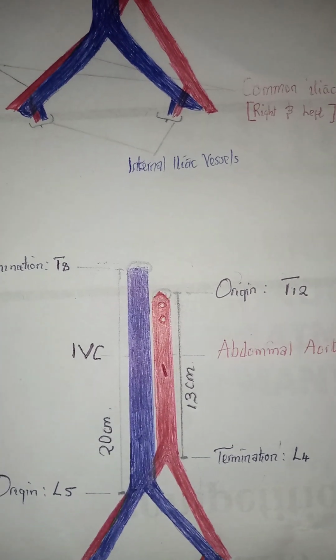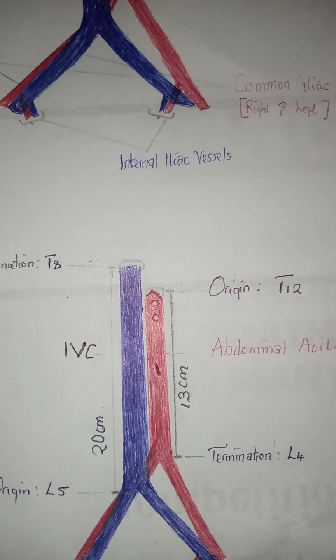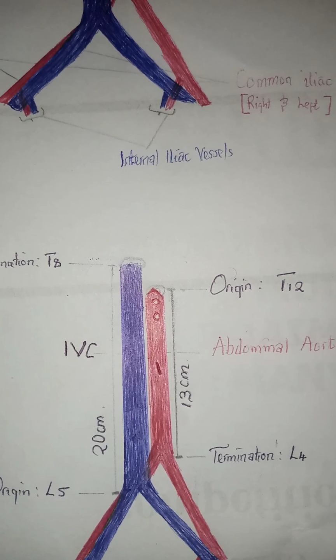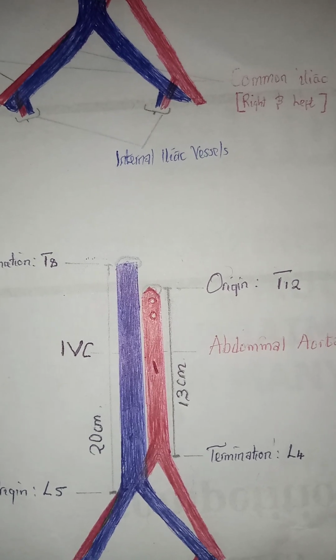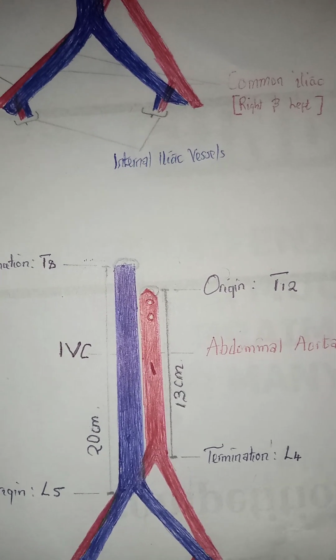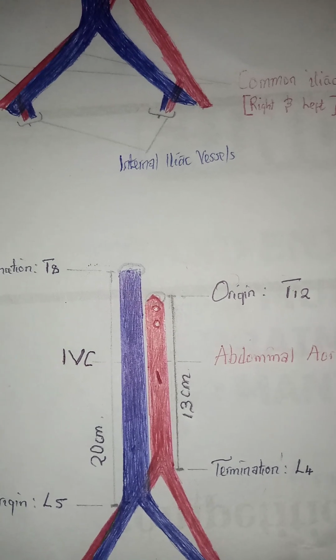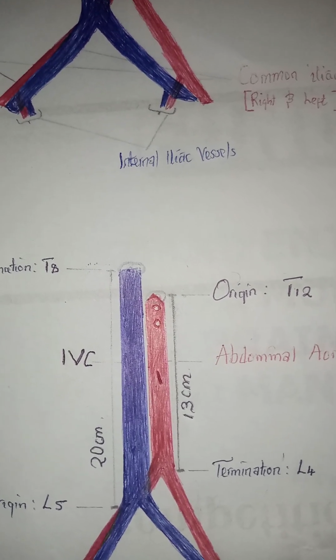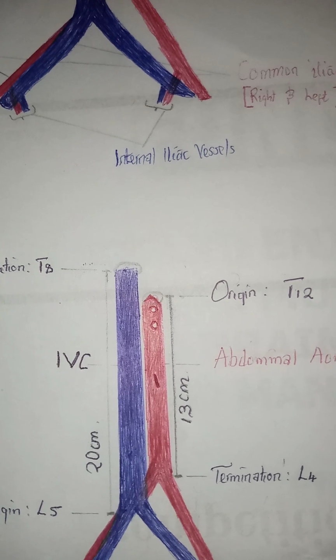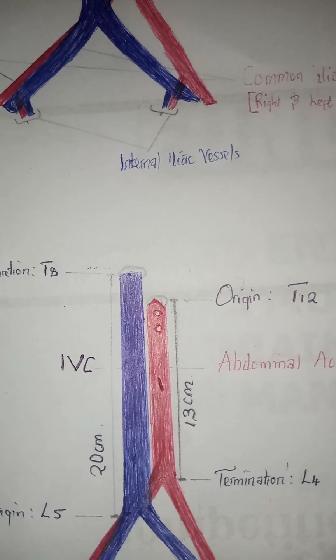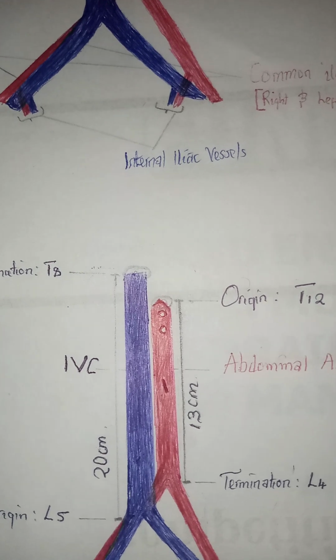Okay, so most of the tributaries of the inferior vena cava correspond to the 3 vascular planes. Okay, and note that almost all the GIT organs are drained by the hepatic portal system.